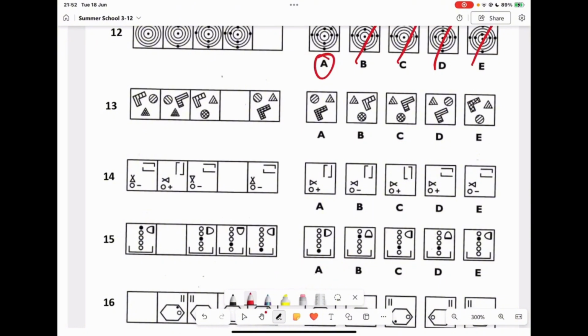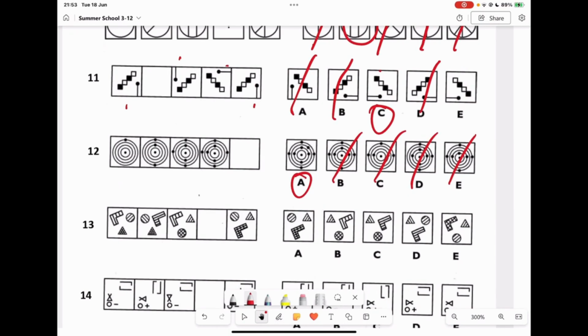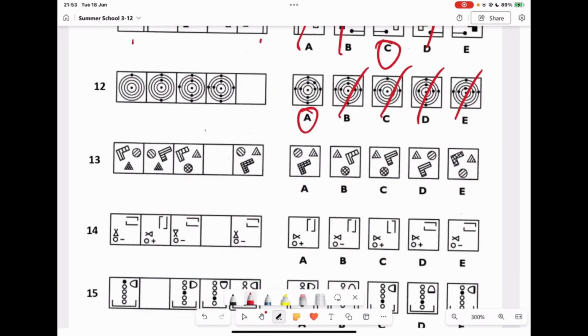Okay, question 13. Here we can see that the L shape is changing pattern. It's moving from vertical to horizontal, from this orientation to this, and we can expect it to be like this one in our shape.